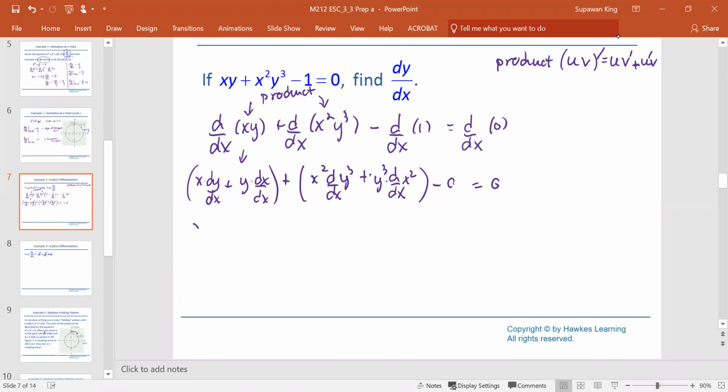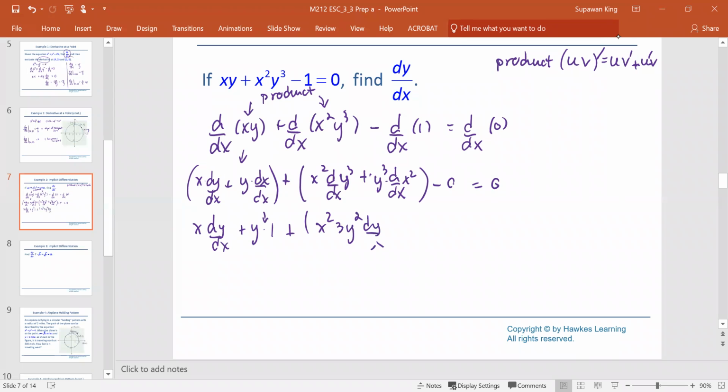Next, we just clean up x times dy by dx plus y times dx by dx, which is 1. And for the second group, we have x squared. The derivative of y to the third is 3y to the second dy by dx.